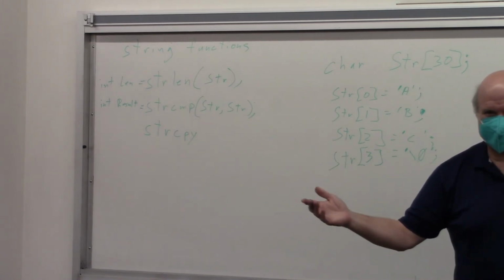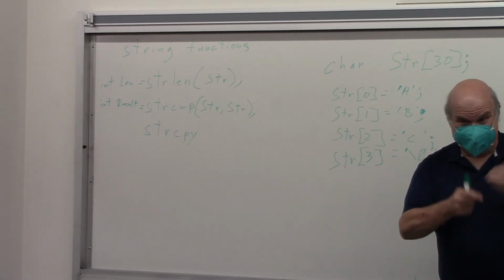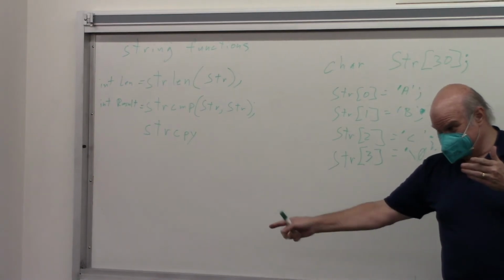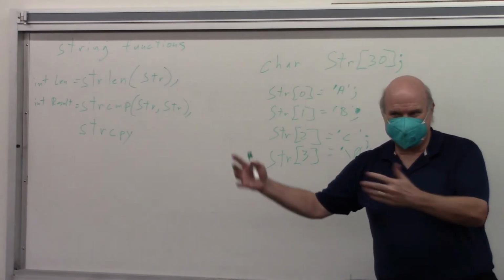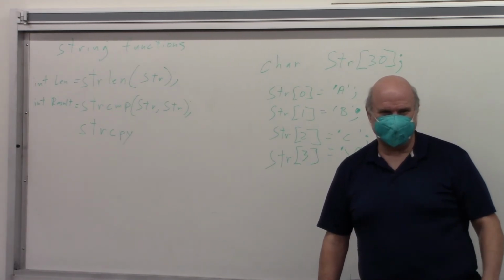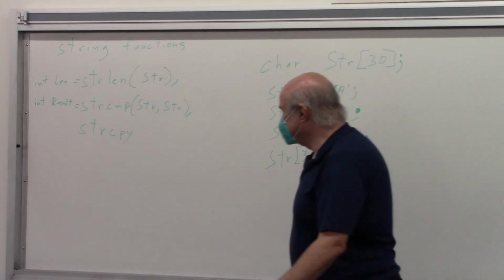Most of the time you only care, are they equal? Because you're taking a value in, and you have an array of values, you're saying, is it this one, is it this one, is it this one? And that's just the equal comparison. So I get that, for the most part, you're just doing equal comparisons.